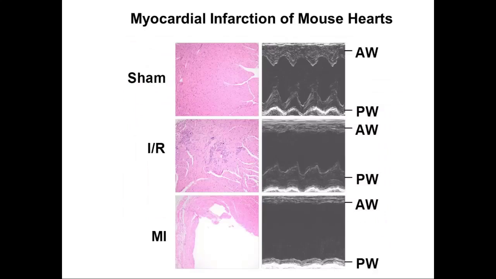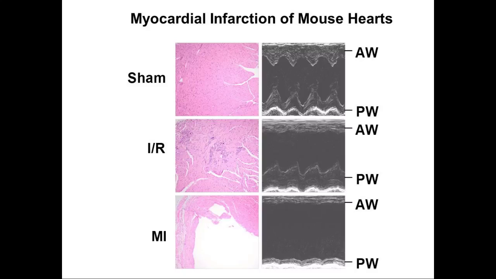Our lab's long-term goal is to understand the mechanisms that underlie this kind of arrhythmia process. In my laboratory, we can do multiple animal models, such as myocardial infarction and reperfusion injury, to mimic human myocardial infarction.